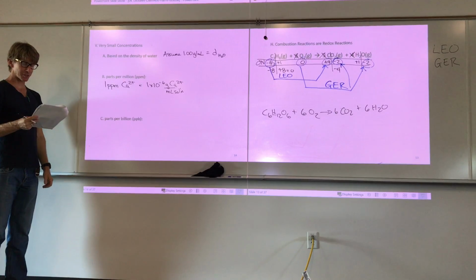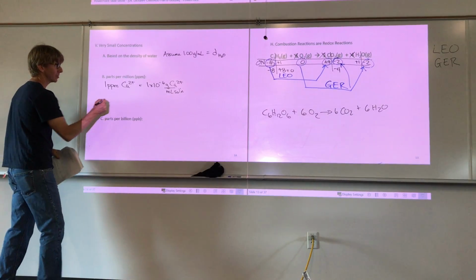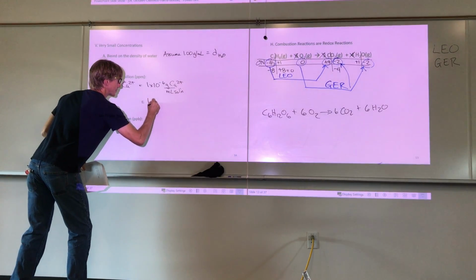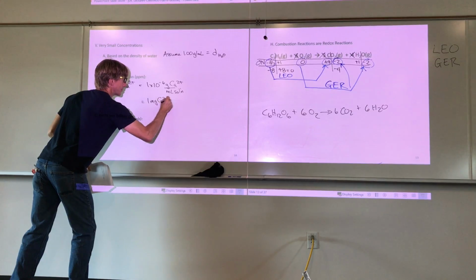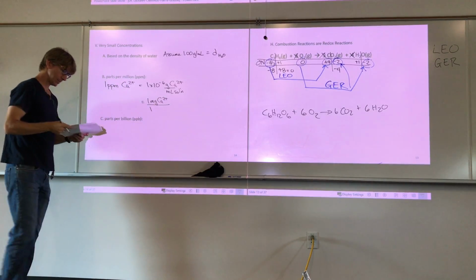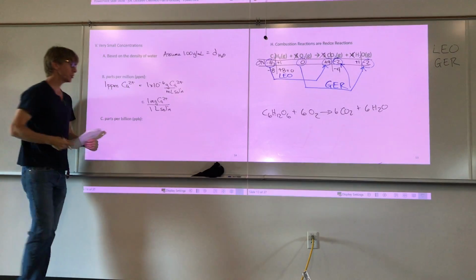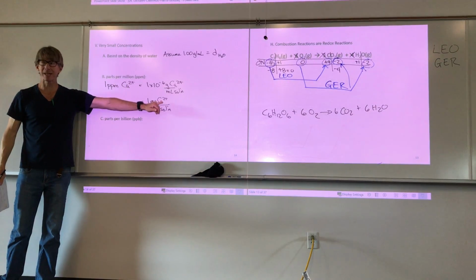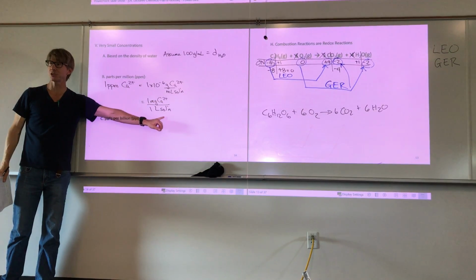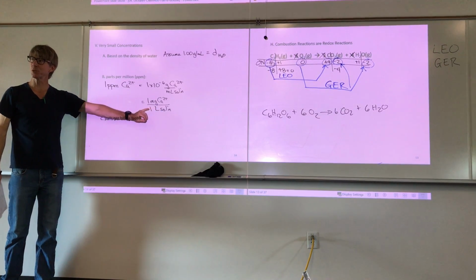There are other ways of looking at it. Another way of looking at it would be if you had 1 milligram of calcium ion in 1 liter of solution. This is the same definition with the units changed.